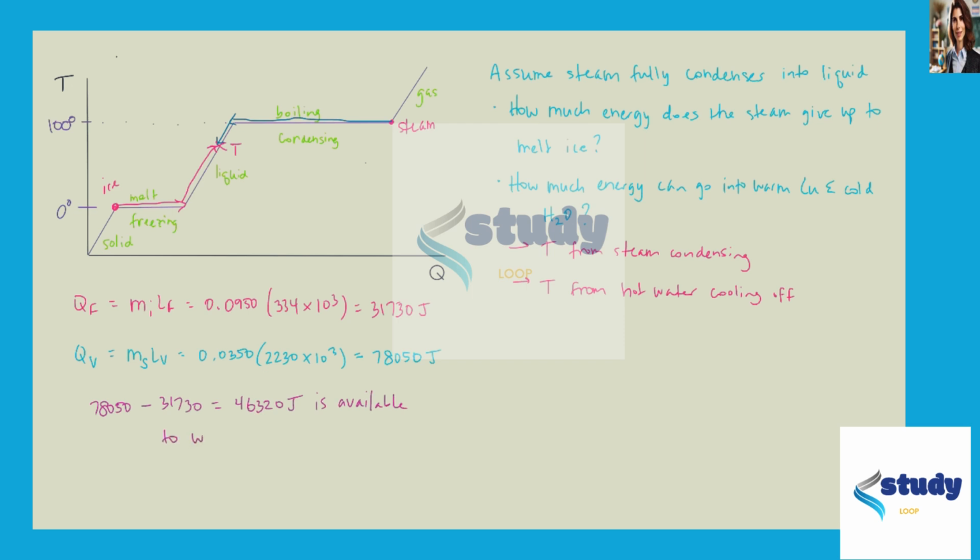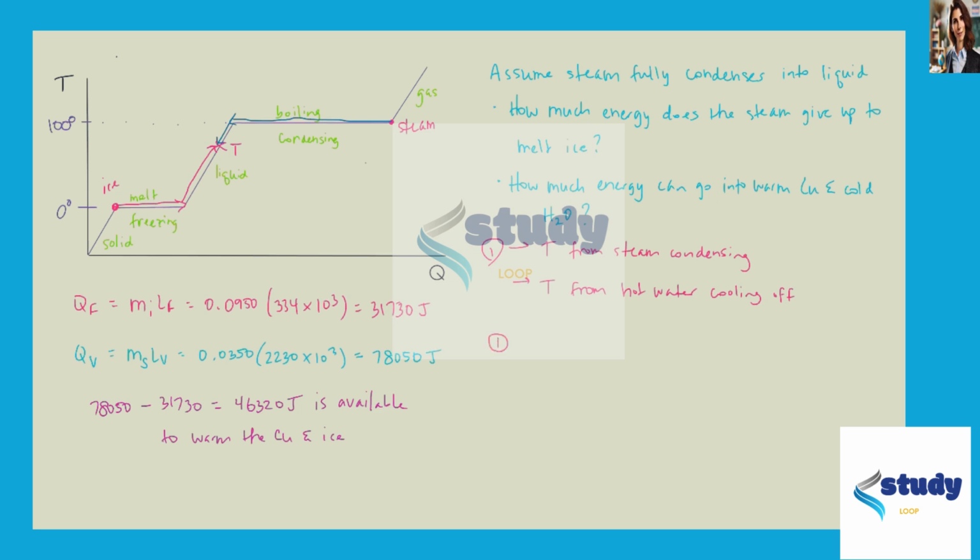It's going to be available to warm the copper and the ice. So we can, again, find what temperature do we reach from this process. I'm going to call that part 1.